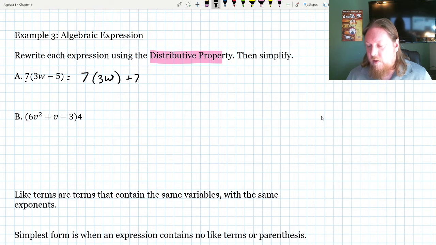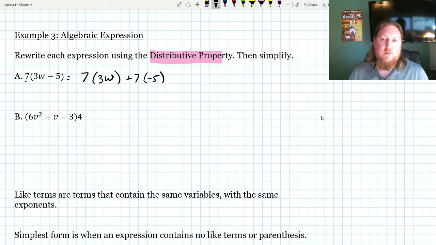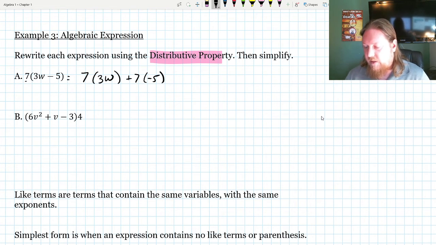Then add in the number you're multiplying by and multiply it by the second part. Now, with this problem, only thing left to do is to just apply my rules of commutative property, association, all the other things that we've learned so far, and figure it out.